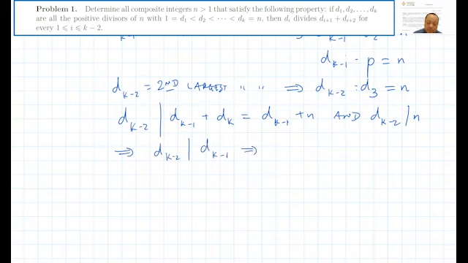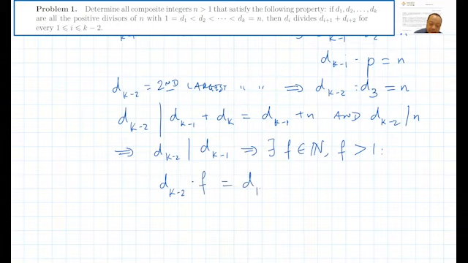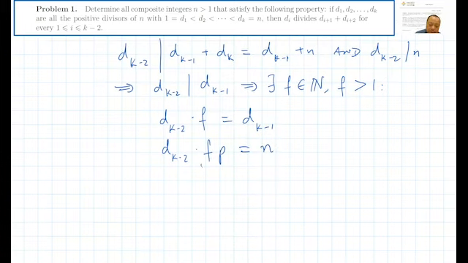Well, that means that there exists an f such that d_{k-2} times f is equal to d_{k-1}. And then we multiply by P both sides: d_{k-2} times fP is equal to n. Well, this part is equal to d_3.